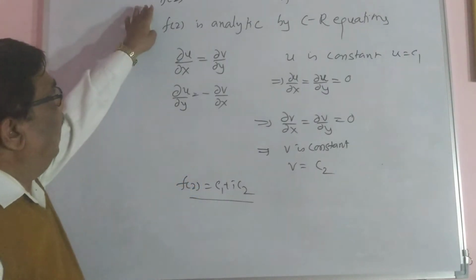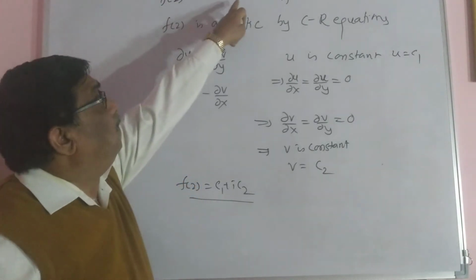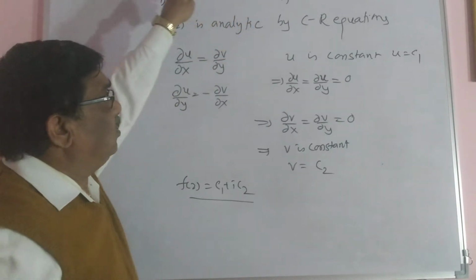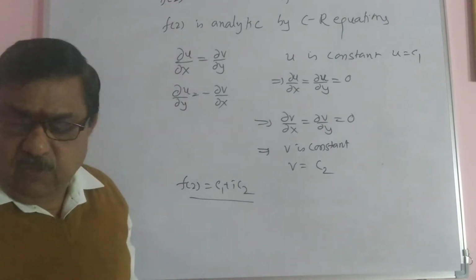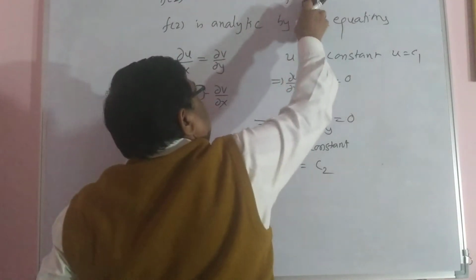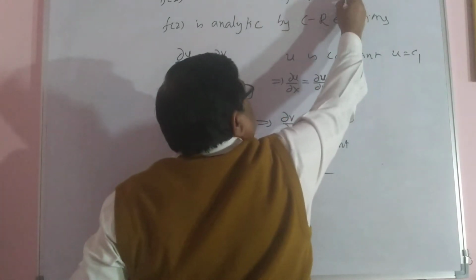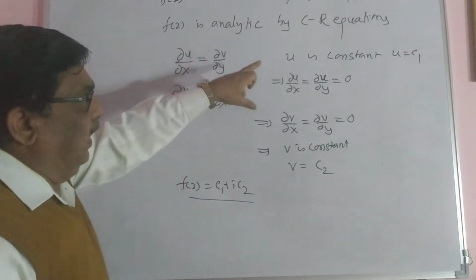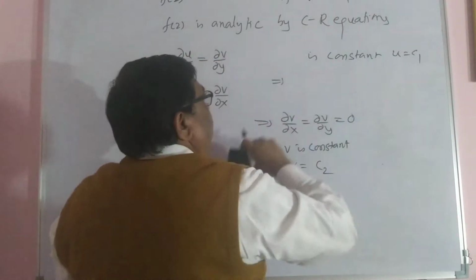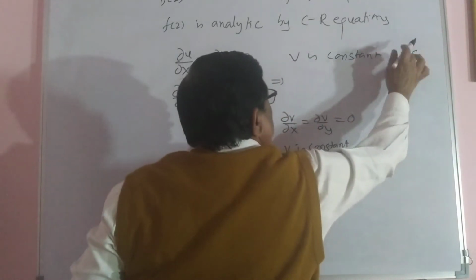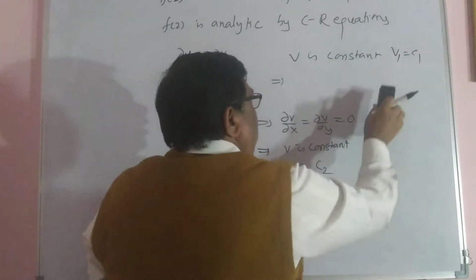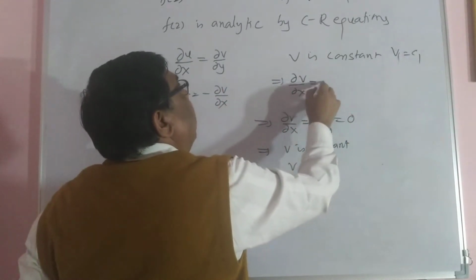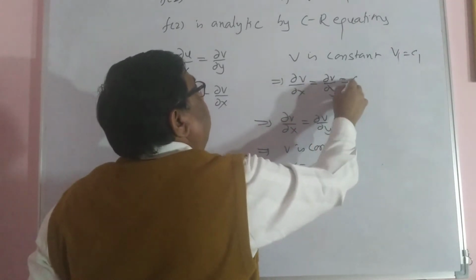Similarly, in the analytic function f of z, if the imaginary part is constant, the total function is constant. I would like to prove it. So what we have to prove here: v is constant, v equal to c1. By the CR equations, again these two equations are equal and v is constant here. So v equal to c1, then partial differentiation with respect to x as well as with respect to y is 0.